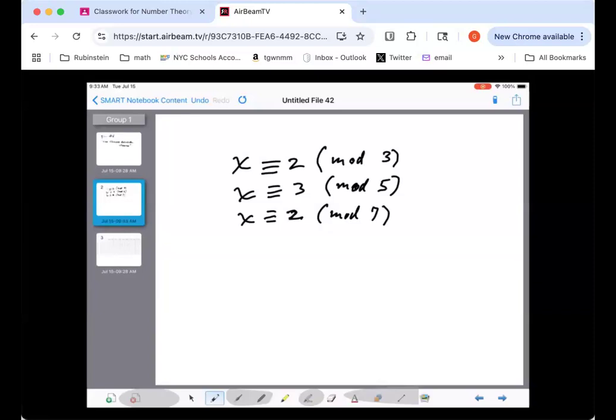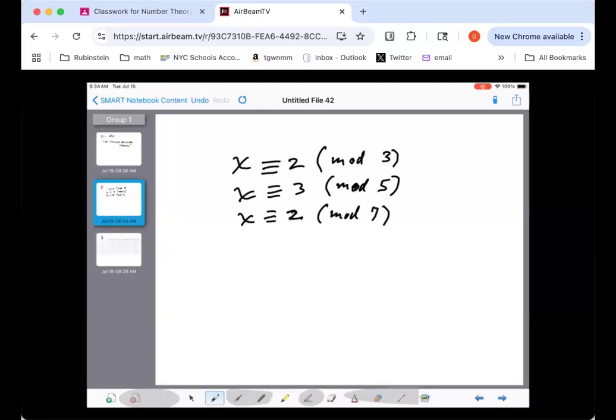The way they would have said it, they might say there's a certain number of people, and if I line them up in groups of three, there's one line with two people left over. If I line them up in groups of five, there's three people who don't fill up a row. And if I line them up in groups of seven, there's two people who don't fill up a row.